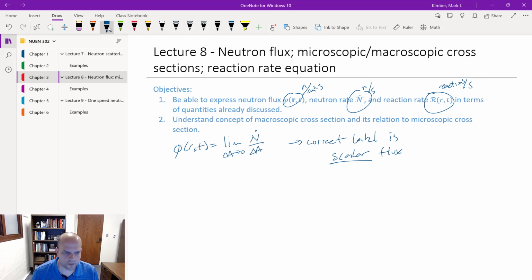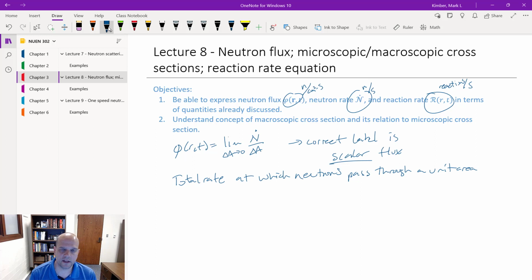And in words, what we would define this as is the total rate at which neutrons are passing through some unit area. And so we label this with the word flux, but the fact that we have the word scalar before that is something that's important for us to understand.